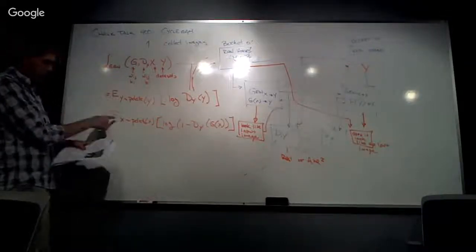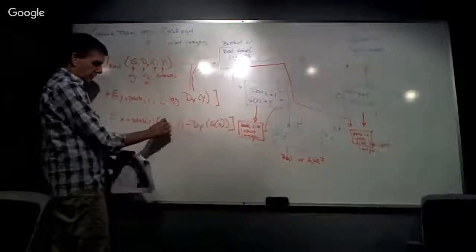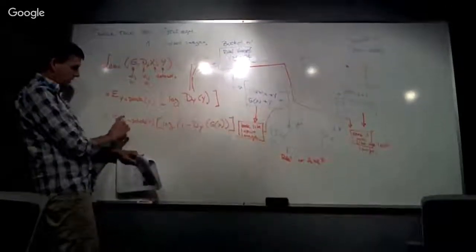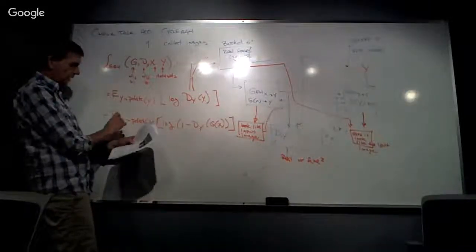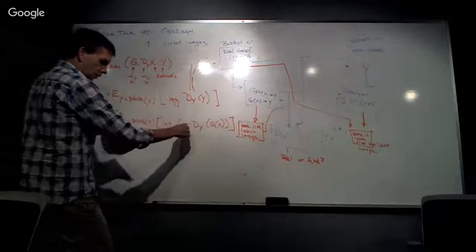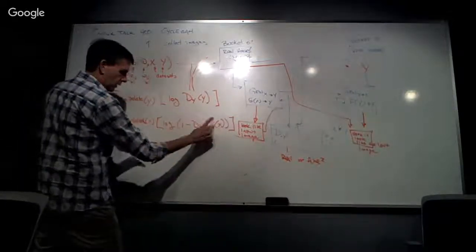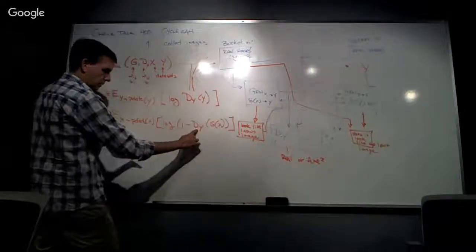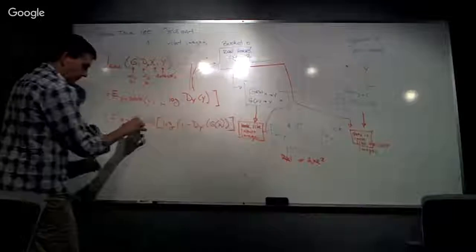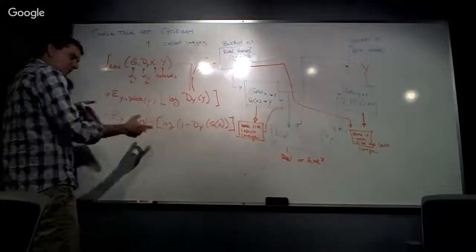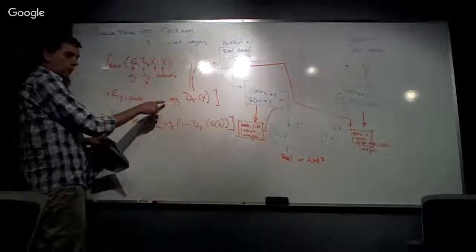And then this one is exactly the opposite, right? We subtract 1 from this, so that we want to make sure that when it's actually from the horse data, we want to make sure it goes through this thing. So think about what it's doing. It's going through the generator, producing a horse or a zebra, and then this is a fake thing, and we want to make sure that a real image should produce a 1.